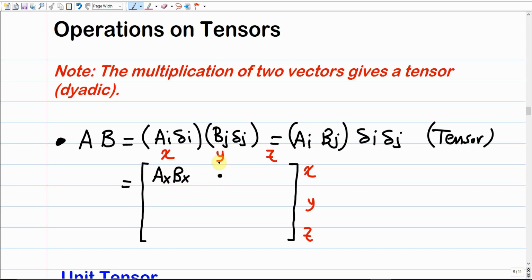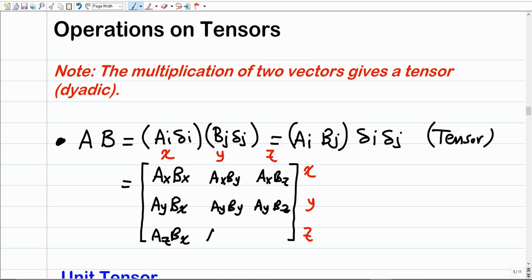The i should be X, but the j should be Y, so we end up with A_x B_y. Intuitively this one is A_x B_z, because the column is Z. Here the row is Y and the column is X; the row is Y and the column is Y; the row is Y and the column is Z. Here the row is Z and the column is X; the row is Z and the column is Y; the row is Z and the column is Z. So these are the components.